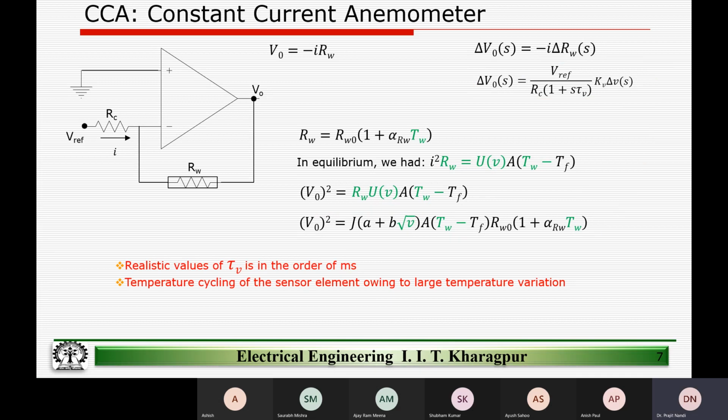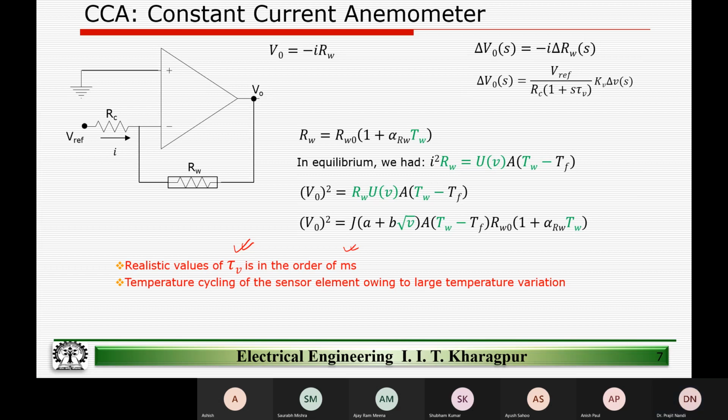Okay, so now that we have established this kind of instrumentation system, the realistic value of tau v is in milliseconds, which may not be the most ideal thing for us, right? What do we want from a sensor?